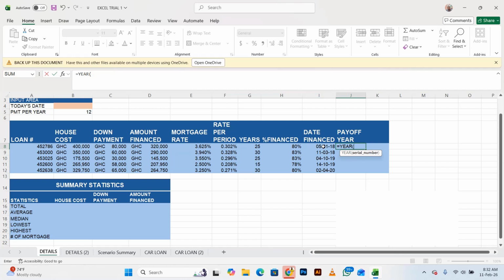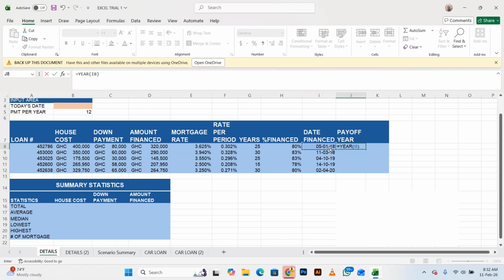This is the year. So when you key this, Excel will pick the year in this cell. So this is the year, and then you close the bracket like this. So it means this is the year that the loan will be given.